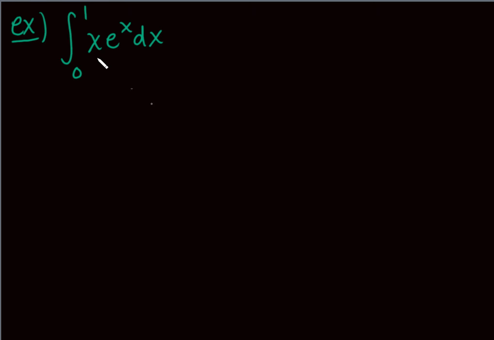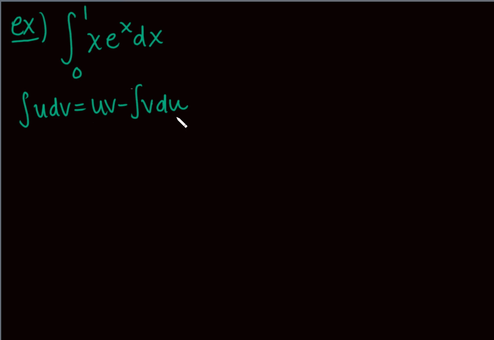All right, so really when you're doing parts, you're not actually going to change the limits of integration. Because remember with parts, even though I have this integral of u dv equals uv minus the integral of v du, I don't actually rewrite this with u's and v's.